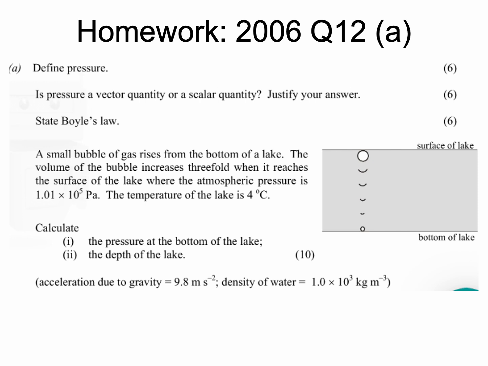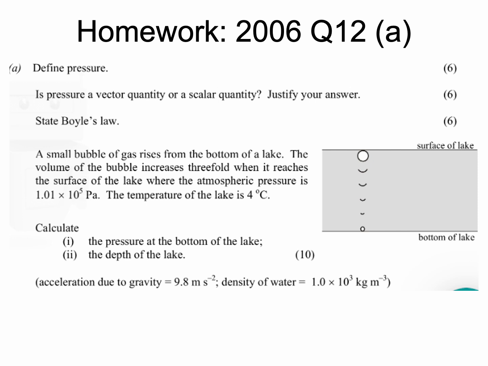So it tells us that a small bubble of gas rises from the bottom of a lake and the volume of the bubble increases threefold when it reaches the surface of the lake. They give us atmospheric pressure acting on the surface of the lake, and they tell us the temperature is 4 degrees Celsius. So 2 things they're looking for us to work out for the calculations here.